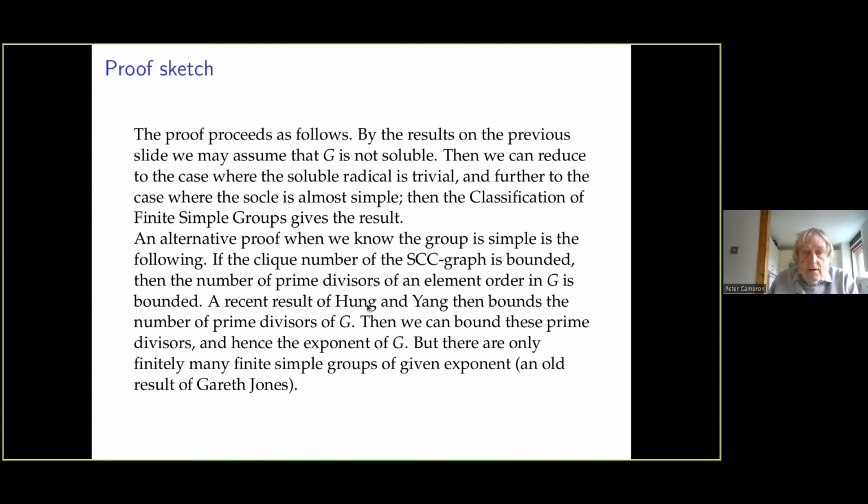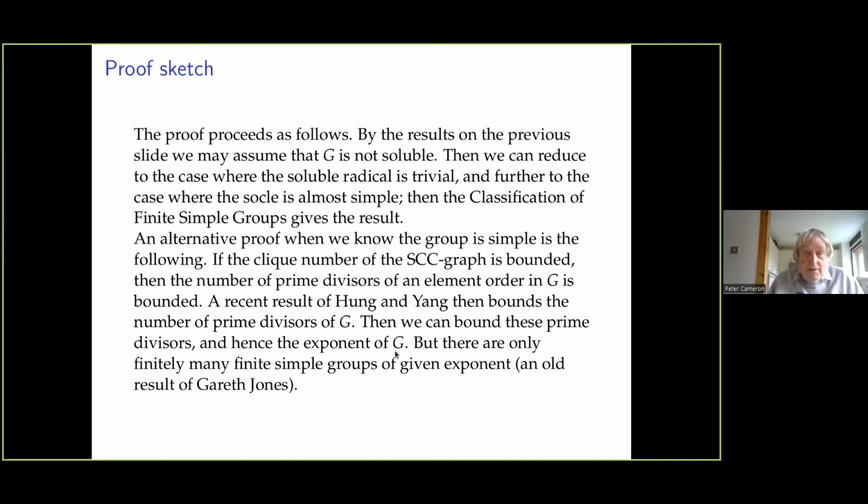Now, there's a recent result of Hung and Yang that bounds the number of prime divisors of the group in terms of the number of prime divisors of the element orders. And once you've bounded the number of prime divisors, you can actually bound the orders of these prime divisors recursively, in which case we have a bound on the exponent of the group.